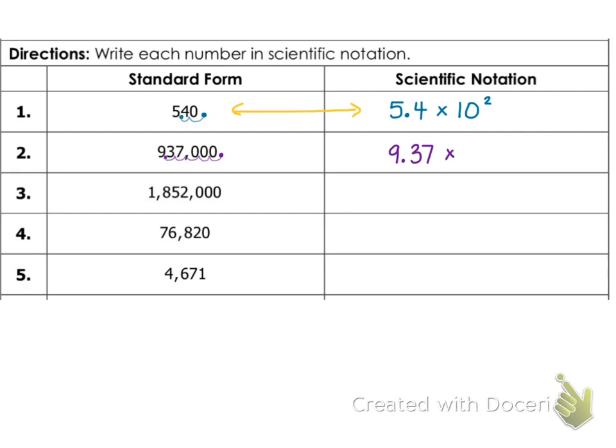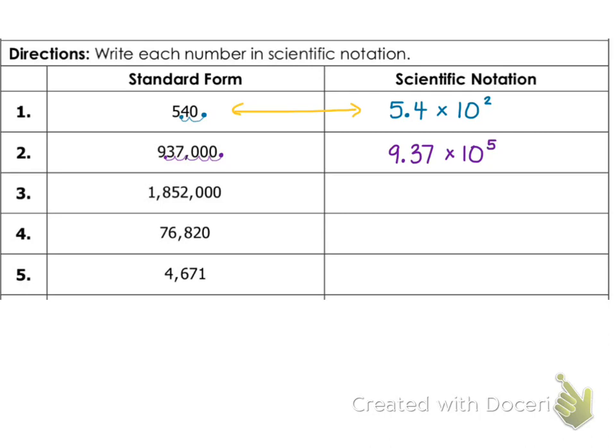So we multiply by a power of 10. We moved it 5 spaces to the left, 1, 2, 3, 4, 5. We made it 100,000 times smaller. So we need to multiply 9.37 times 100,000, or 10 to the 5th, which is what 100,000 is.